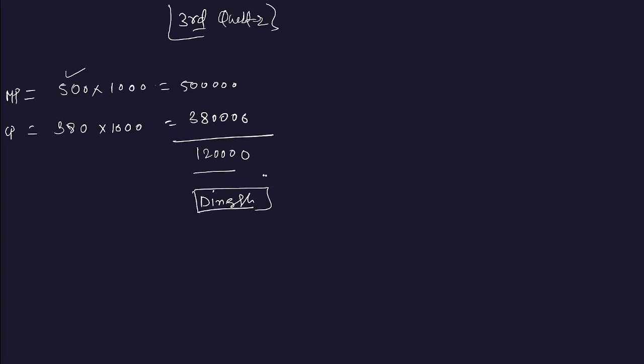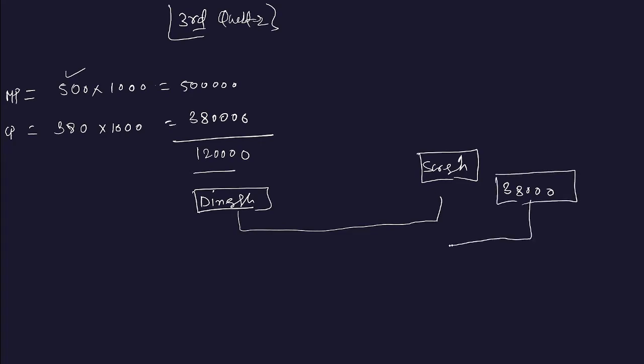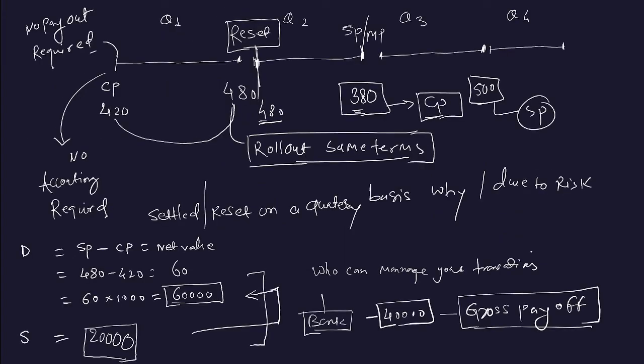So this difference Dinesh will pay. Dinesh will pay to whom? Suresh. And Suresh will pay 38,000 to Dinesh. Apart from that, during this period, the company offered a dividend of 10 rupees per share. During this third quarter, the company offered a corporate action, okay?